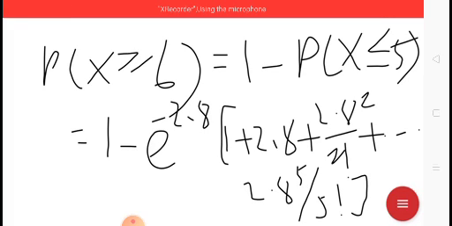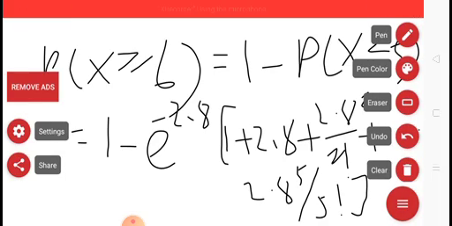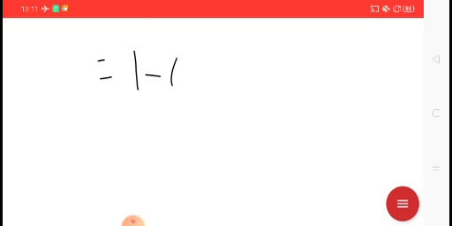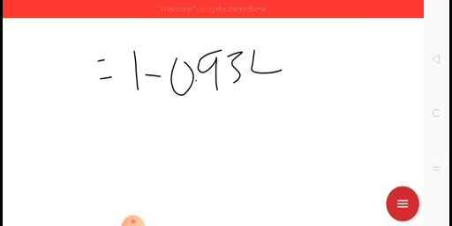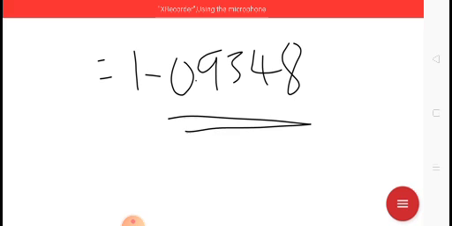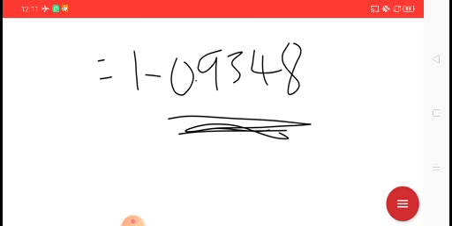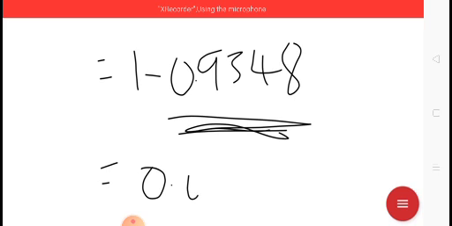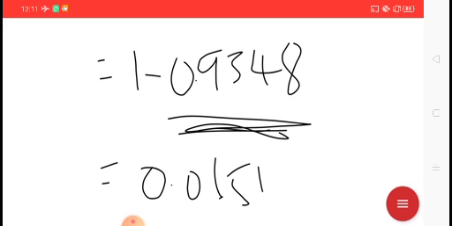Right. So the part inside the bracket, you may calculate one time in your calculator and directly multiply by e to the negative 2.8. Right. So once you simplify, you may get this equal to 1 minus 0.9348. Okay. So it is better you put this after you simplify, and you should get 0.06511.